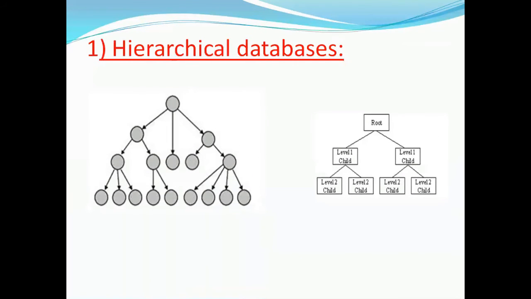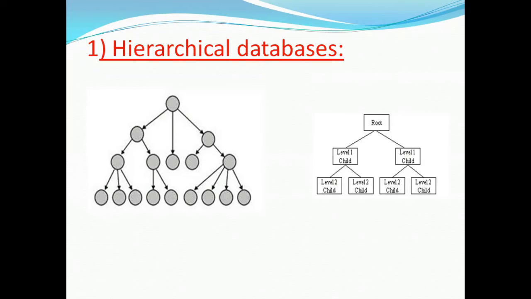First one, hierarchical database. This is a database management system model that is stored in parent-child relationship nodes. In these databases, besides the actual data records, they also contain information about their groups of parent, child, and relationship.